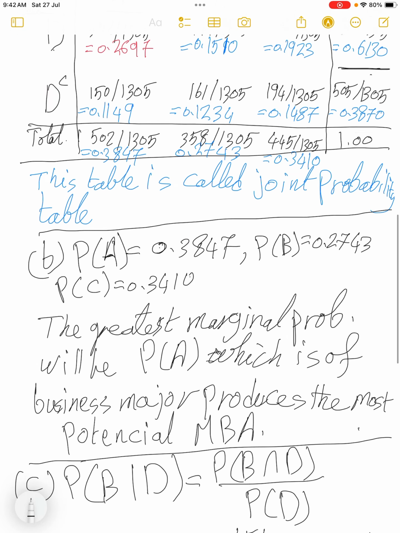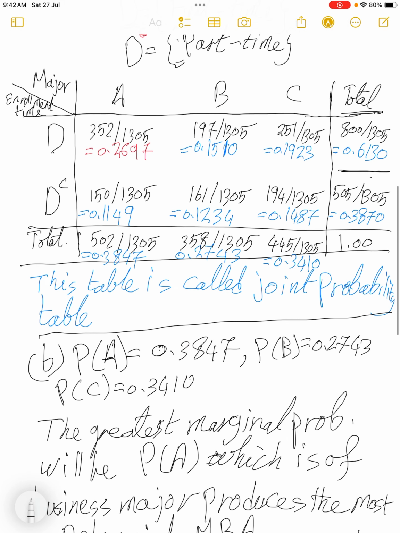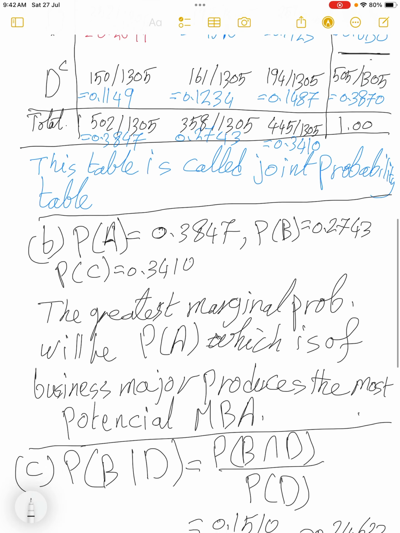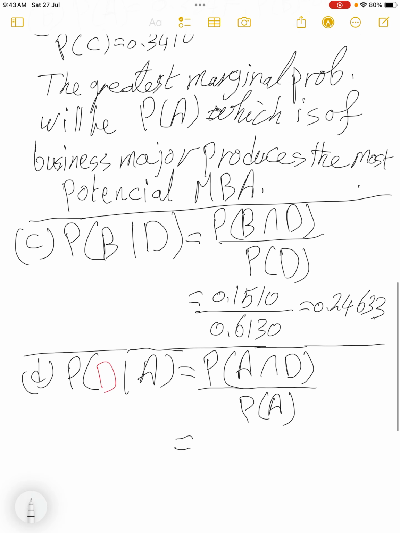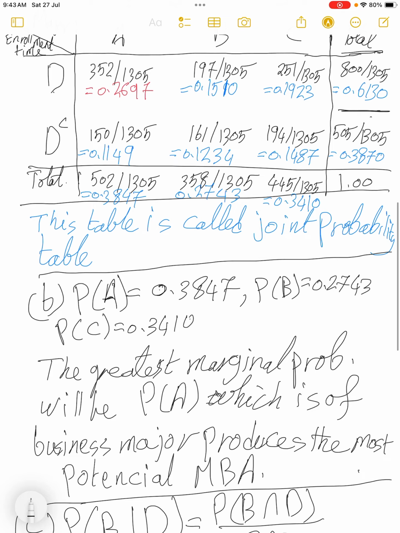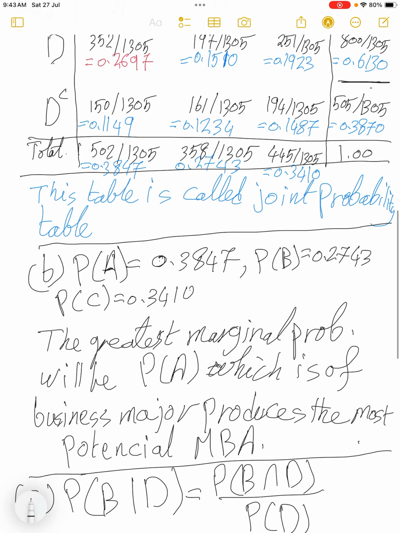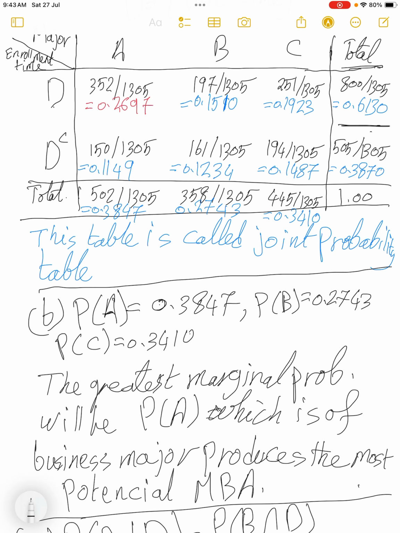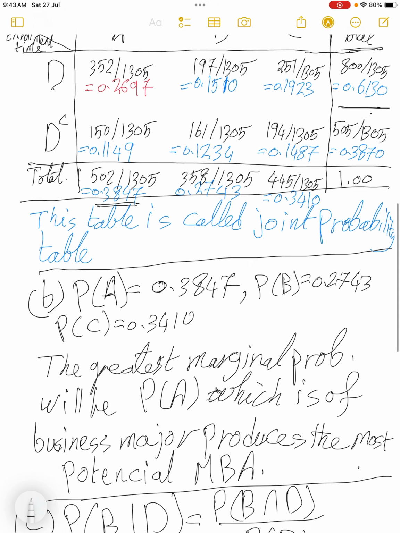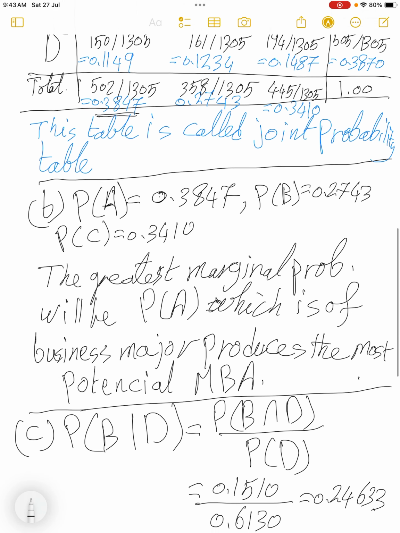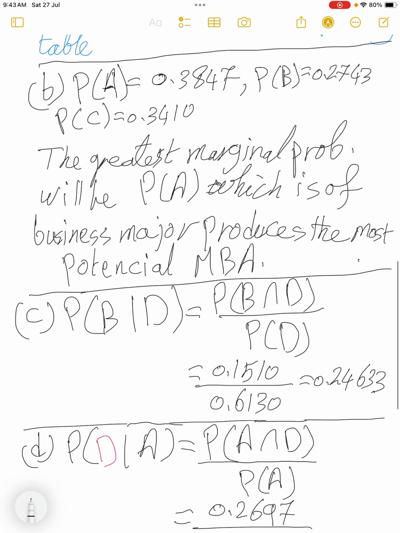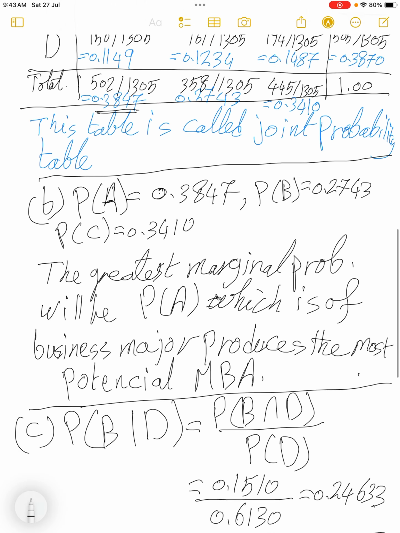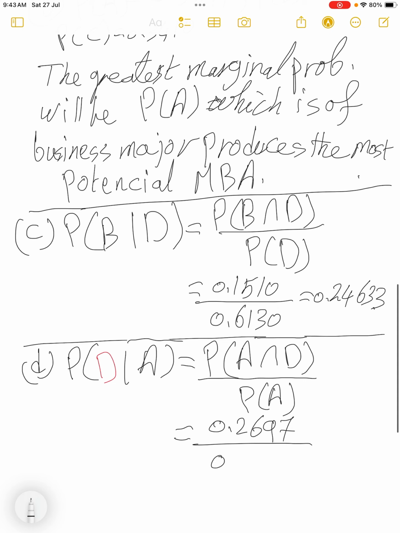A intersection D is 0.2697 over the probability of A. The probability of A is 0.3847.